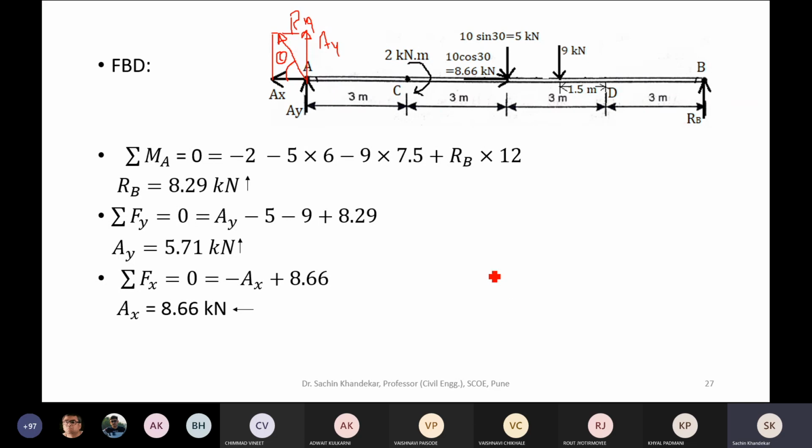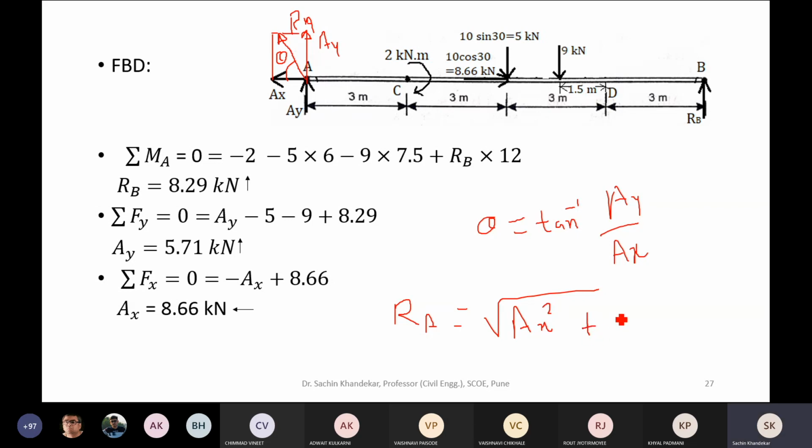We have discussed how to find this angle theta: theta is tan inverse of AY upon AX. And you can find out the magnitude of RA as root of AX squared plus AY squared. This calculation you can do at home.